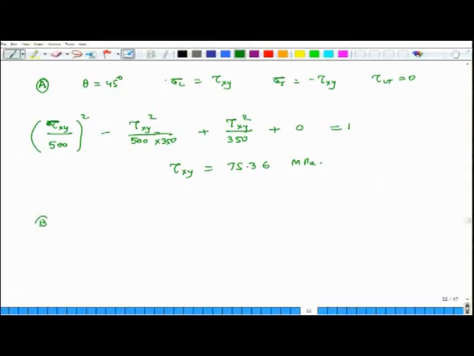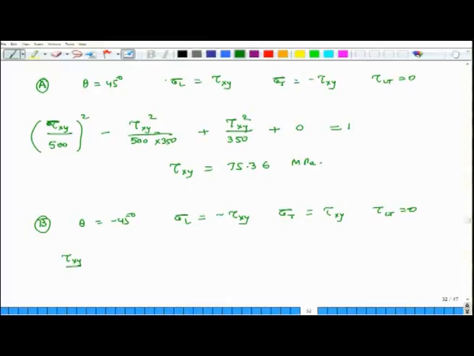Now, in case B, theta is equal to minus 45 degrees. So, sigma L is equal to minus tau xy, sigma T is equal to plus tau xy, and tau LT is 0. So, we again do the same thing.